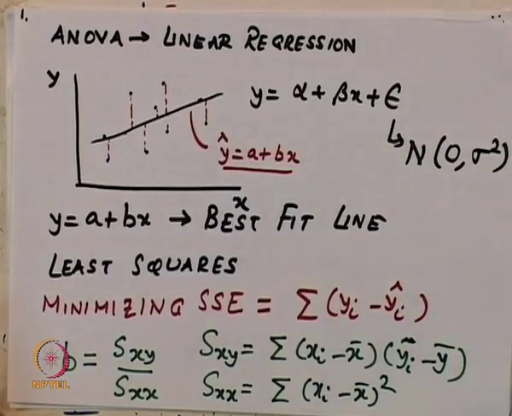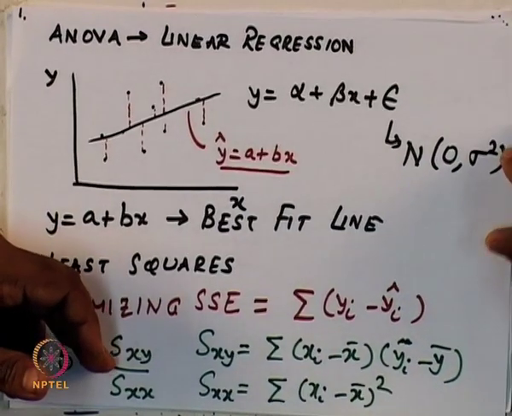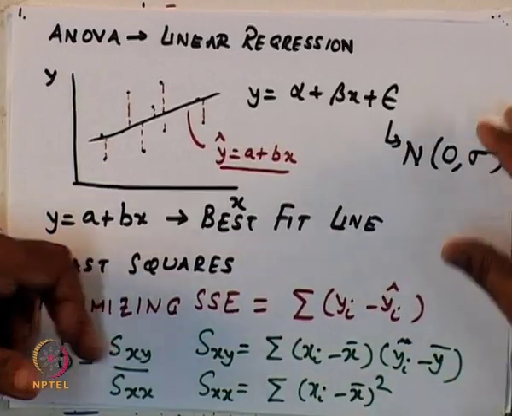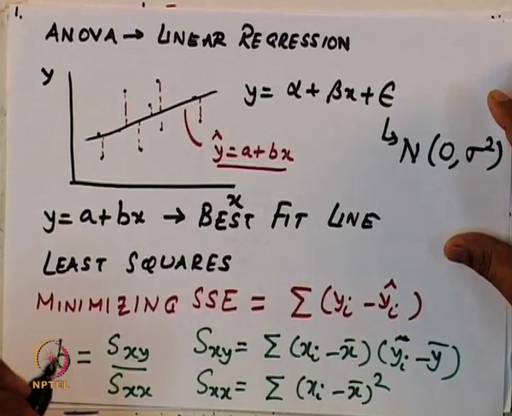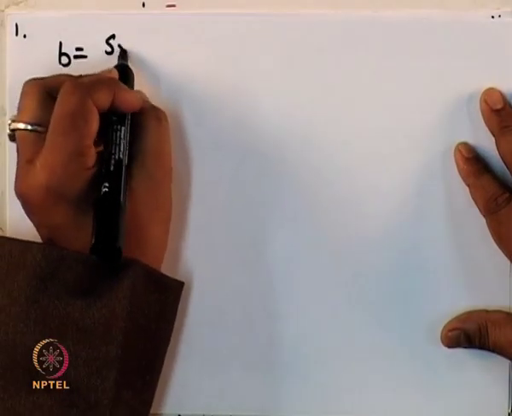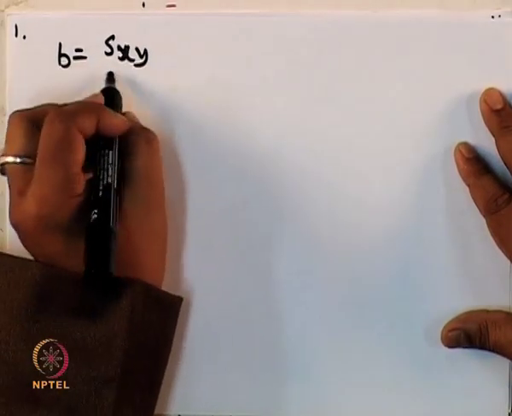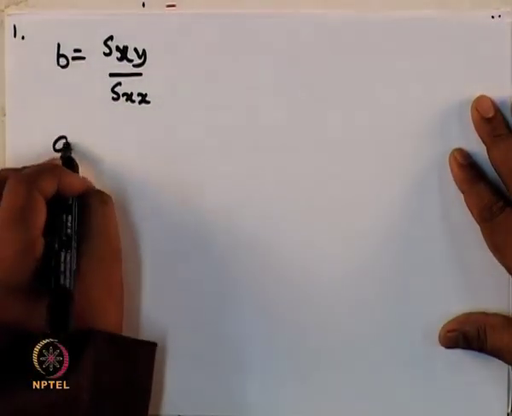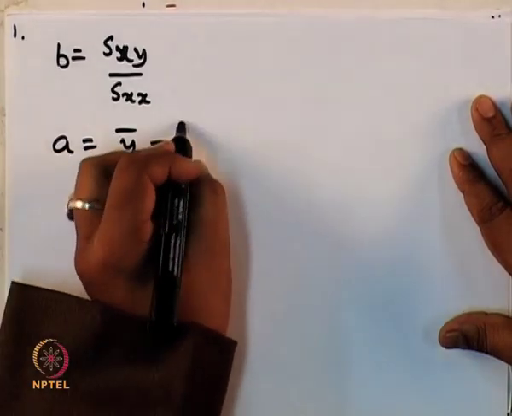Note that from our earlier definition we had the division by n minus 1, which we have removed. So, again let me write, b is s of xy by s of xx, and a is given by y bar minus b of x bar.